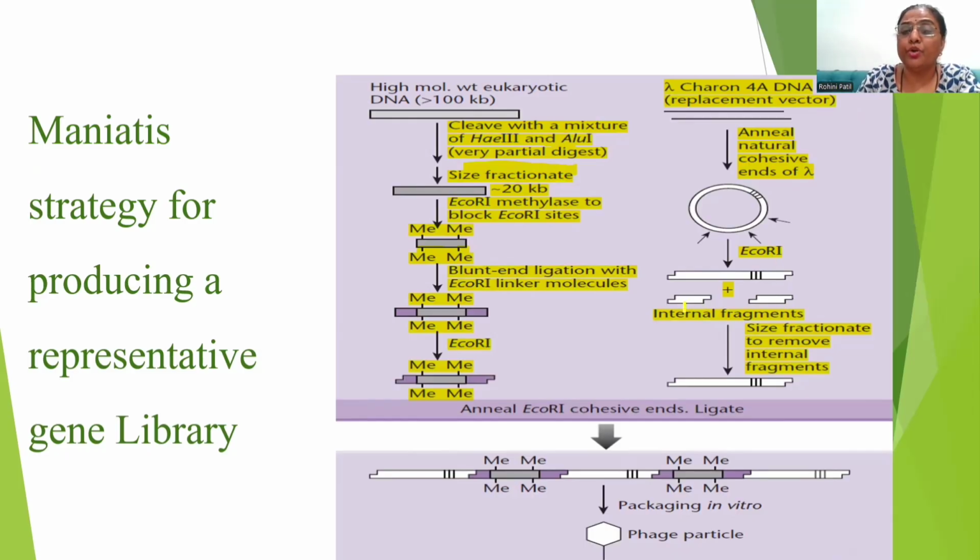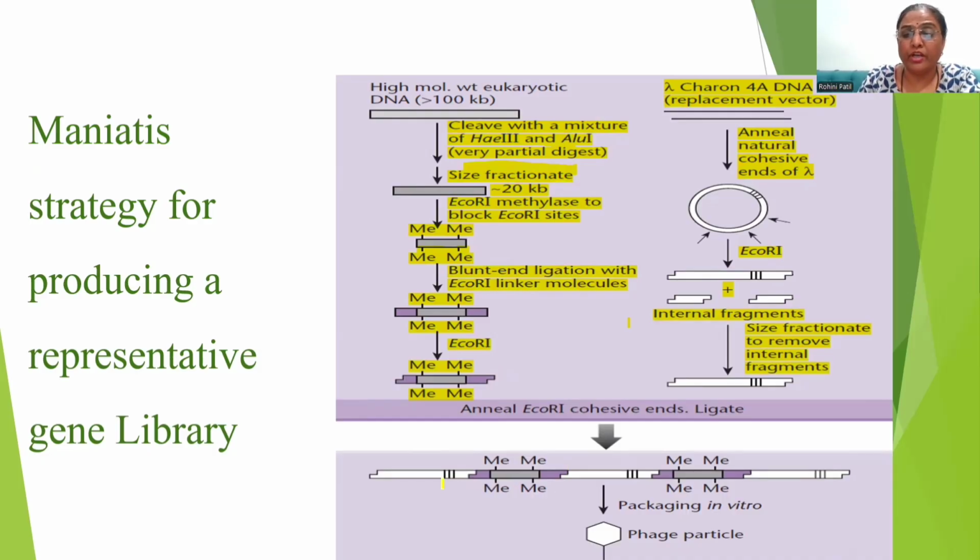There is a generation of the cohesive ends which are generated by the EcoRI. And these ends, okay, now they are how? They are complementary to the ends which are present over this 20 kb fragment.